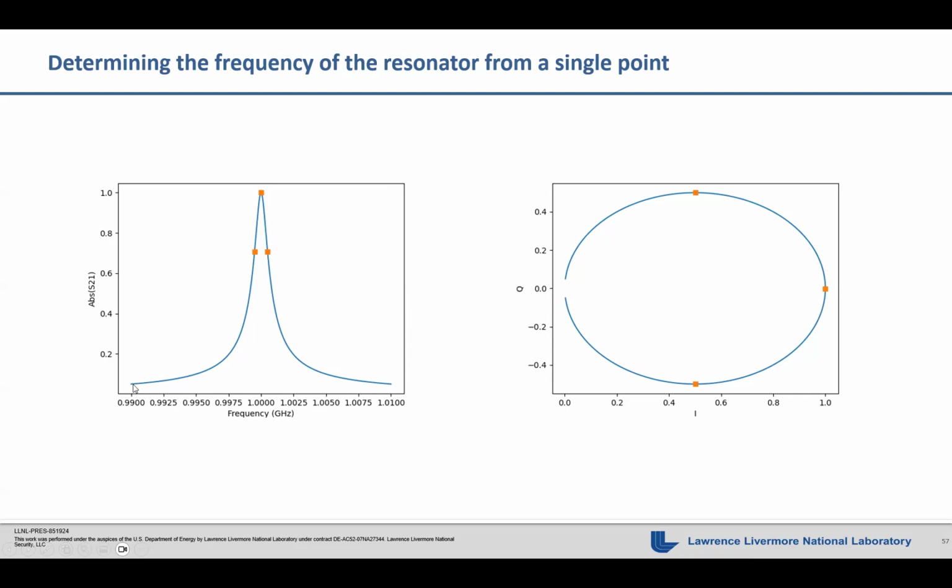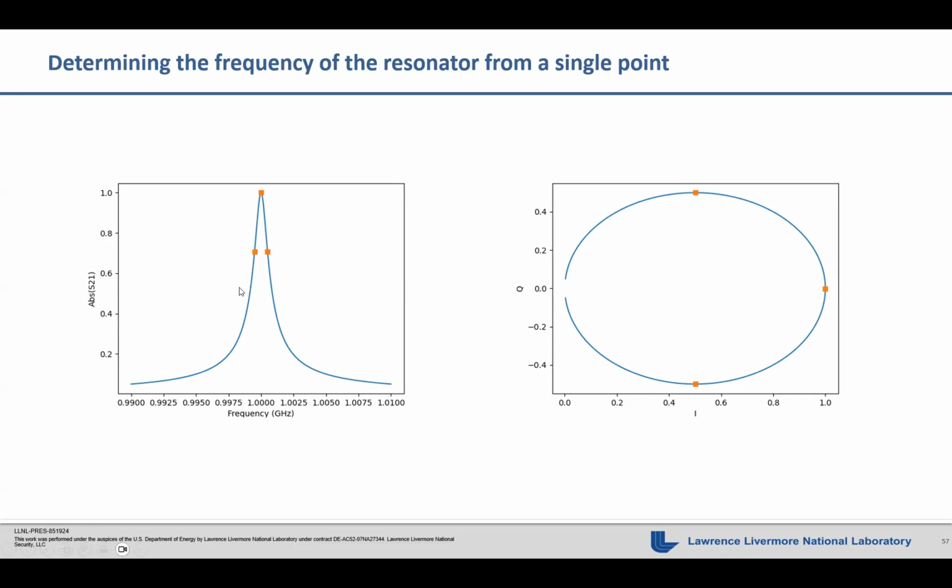Oh, so we can probe the readout resonator at different frequencies. So if you're probing exactly on resonance, then you will see a maximum amplitude change. But your phase shouldn't change at all. It should be exactly the same phase that you got before.